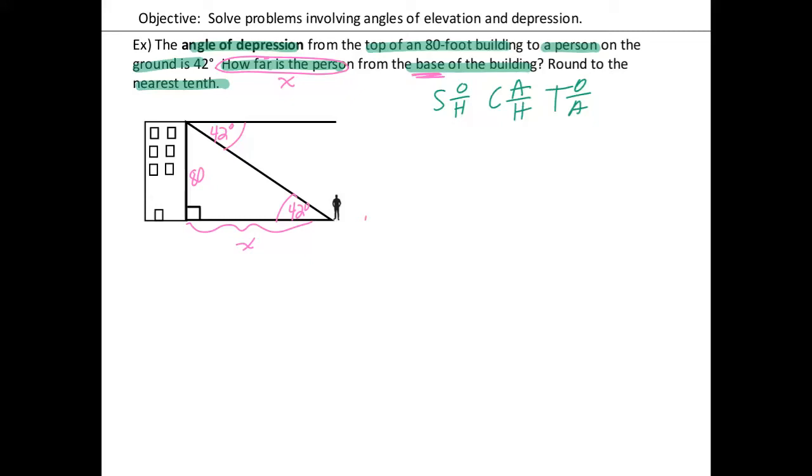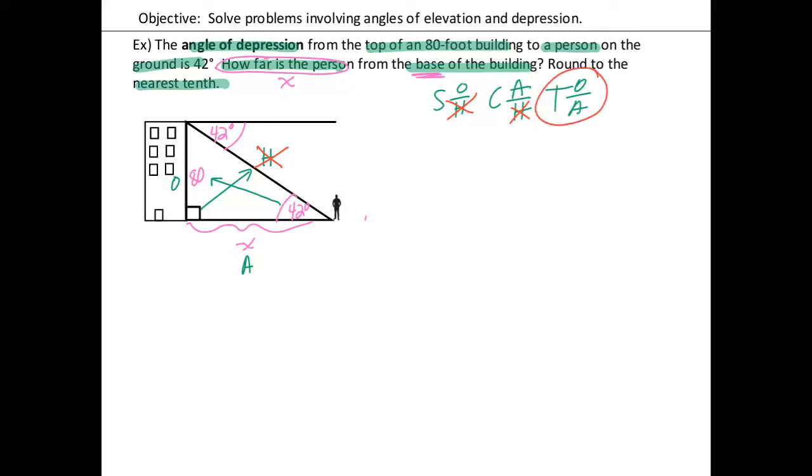Across the angle is the opposite side. Across the 90 is my hypotenuse, which leaves me with x as the adjacent. The opposite side has an 80, the adjacent side has my variable, and I don't have anything for my hypotenuse. So I can cross out the hypotenuse and I'm left with TOA, which is tangent.